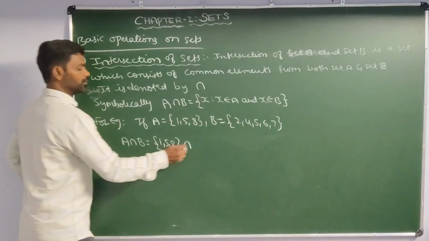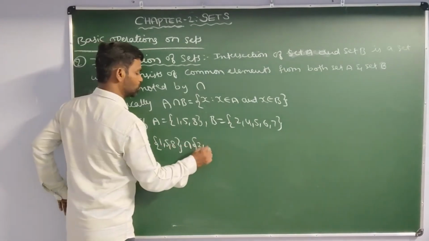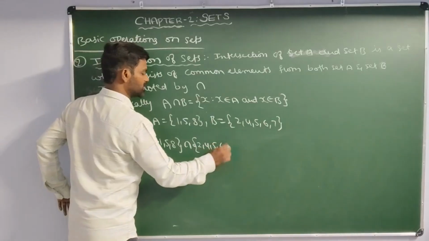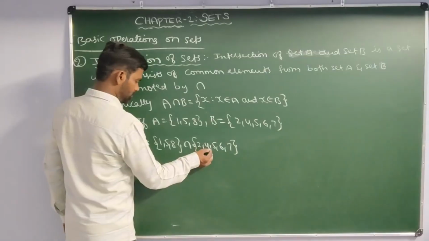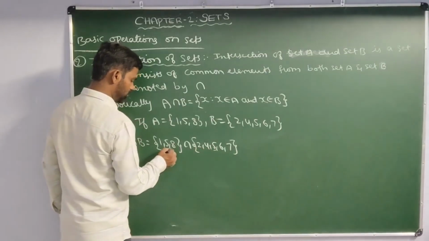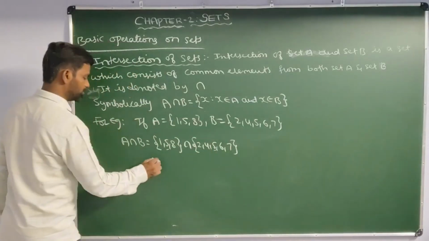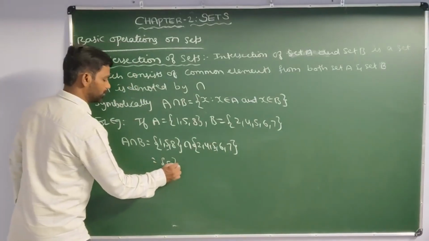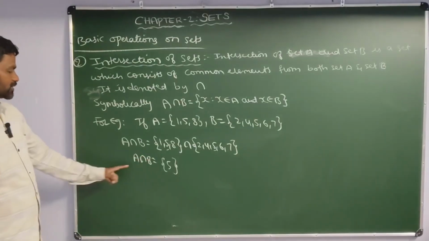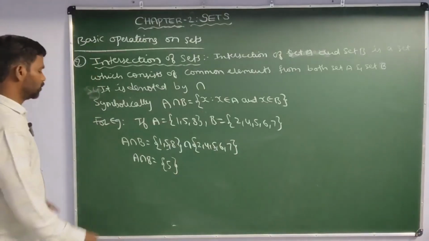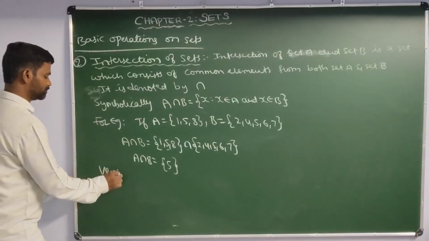Intersection. Elements of B? 2, 4, 5, 6, 7. What are the common elements? 5 and 5. Only 5 is the common element. So you write only the common elements. So A intersection B is 5.